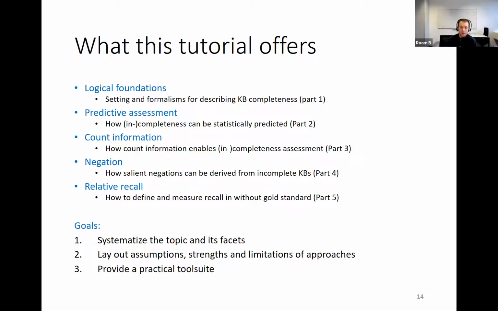In the third part, count information, an especially valuable cue for assessing completeness: how we can identify these inside KBs and link them, and how we can extract them from text for the same purpose. In the fourth part, negation: how we can derive salient negations from incomplete knowledge bases. And in the fifth part, relative recall: how can we assess recall even if we don't have a gold standard?